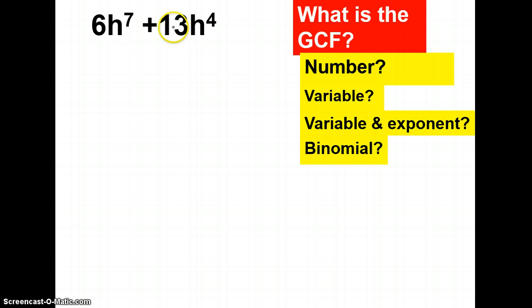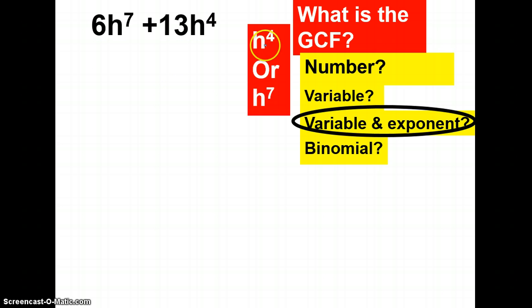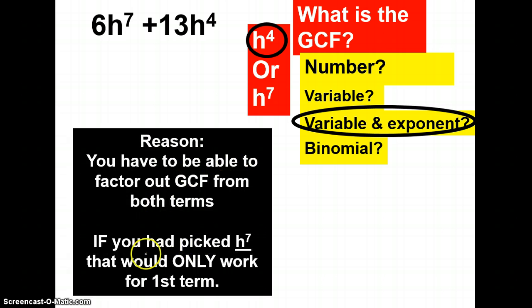All right, let's try this one. Do they have any numbers in common or just variables? And if so, a variable and an exponent. Which one do you think we should choose? H to the fourth or H to the seventh? H to the fourth. So we're going to factor that out. Again, reasoning for that is if we had picked H to the seventh, that would only work for the first term.